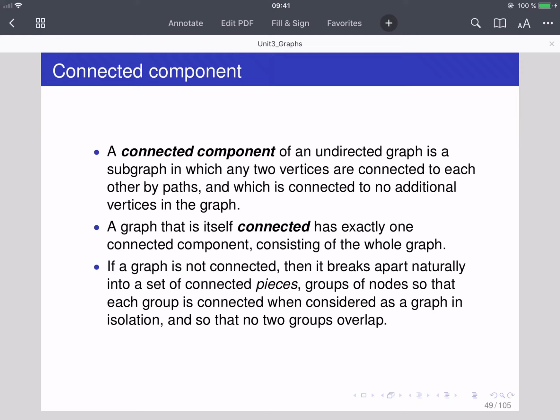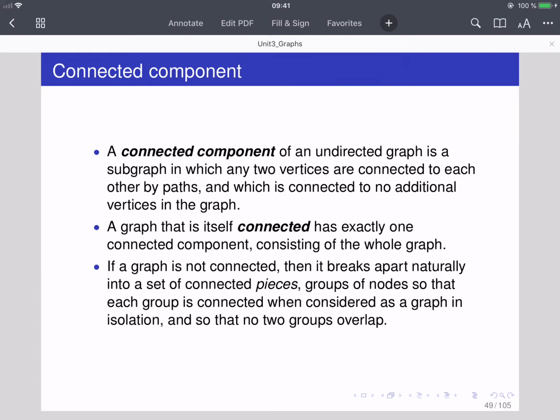Okay, so this is something mathematically defined as the equivalence classes of the equivalence relation of reachability. Okay, so if you remember what is an equivalence relationship and what are the equivalence classes, the elements that are related to each other, then that is a very formal mathematical way of defining connected components.